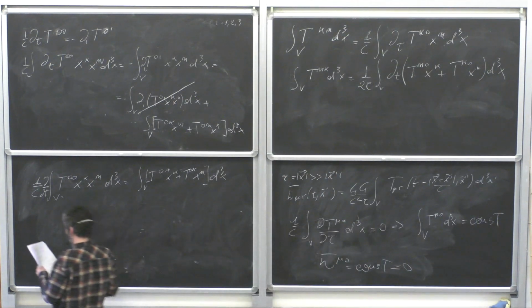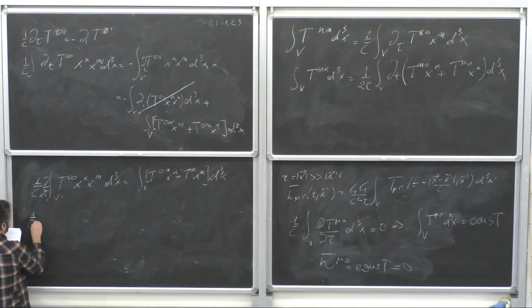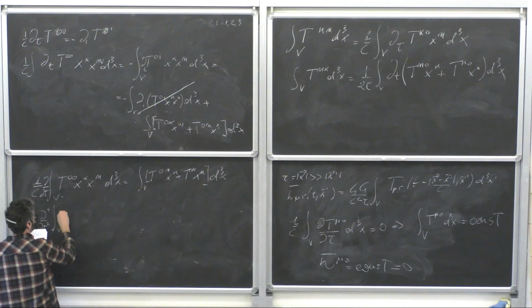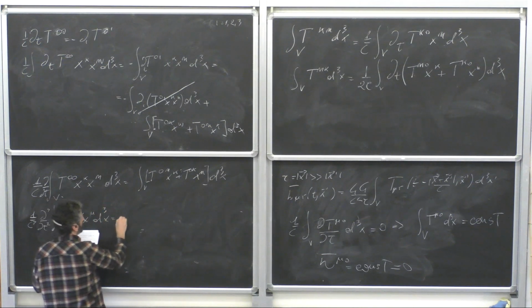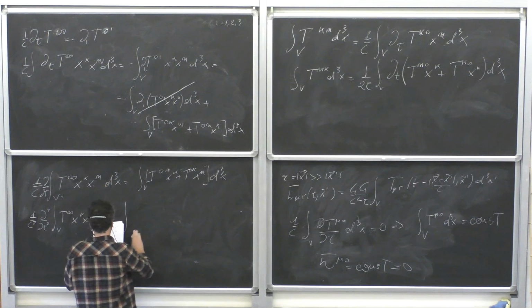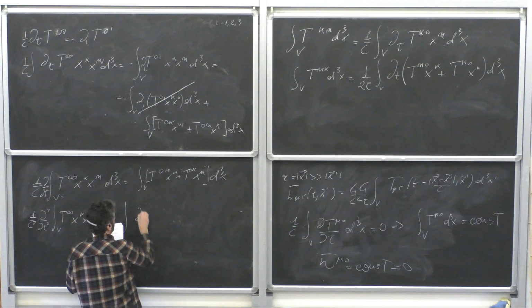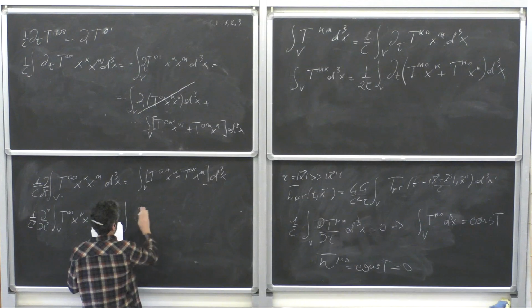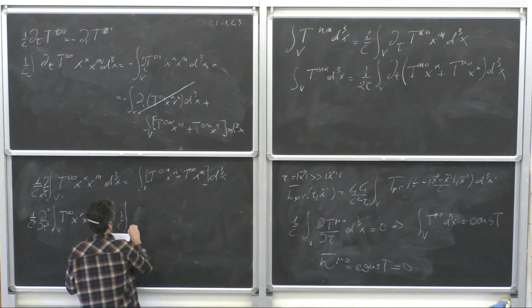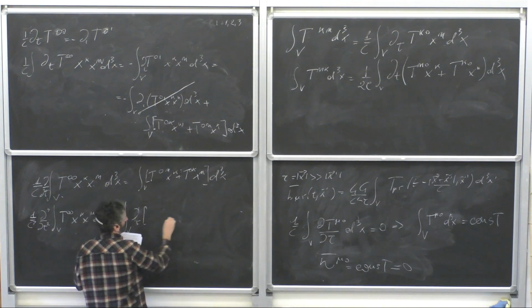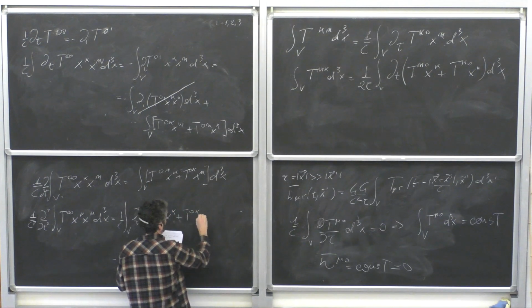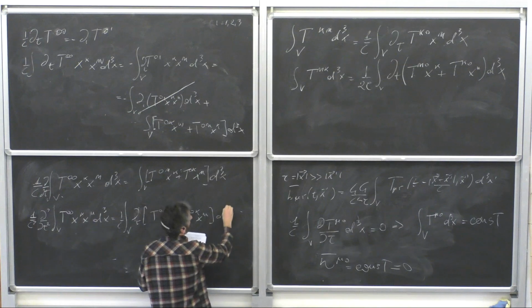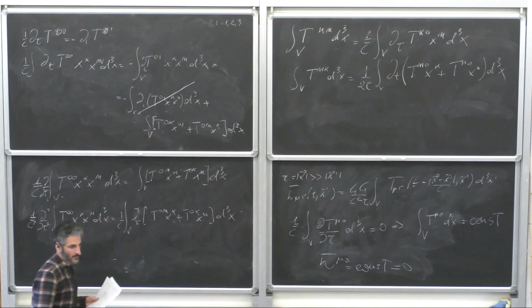So we write this as 1 over c squared d in dt squared of the integral of T00 x^k x^n d^3x is equal to the integral over, well, 1 over c... okay?